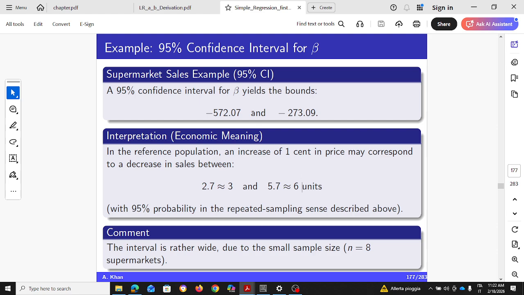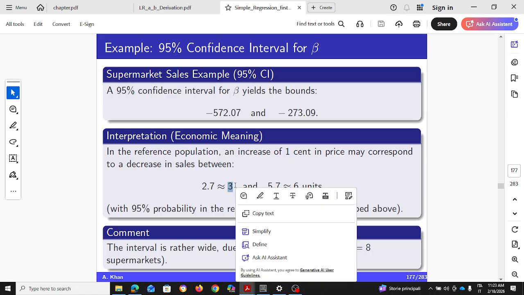So, with a 95% confidence interval, if we want to be sure 95% that the true value of beta lies in this interval, we find these values. It turns out that for an increase of 1 cent in price, we decrease sales by these units.